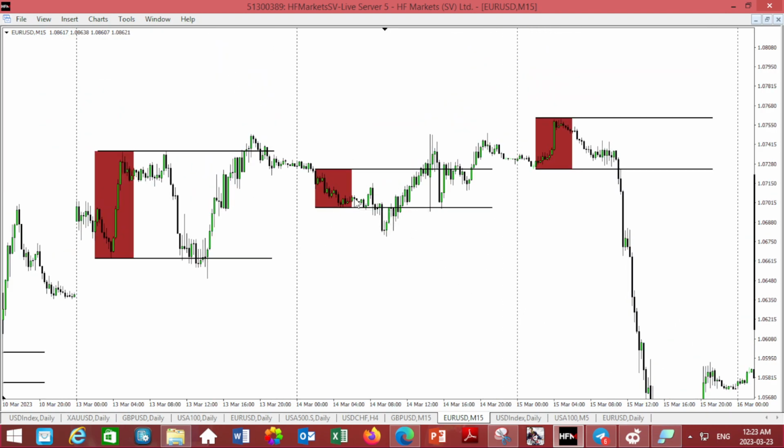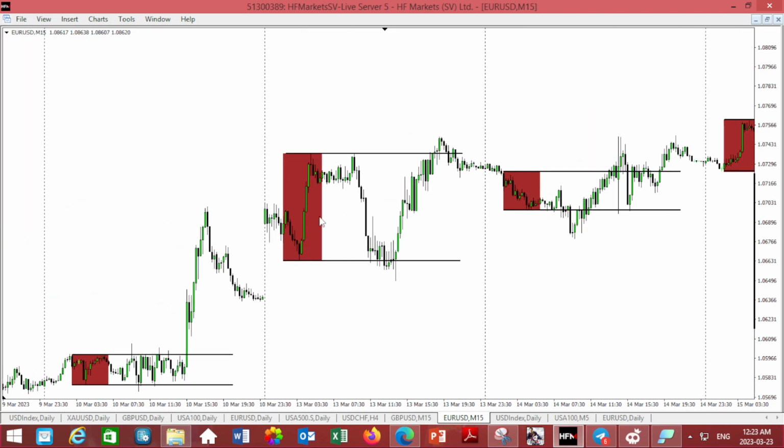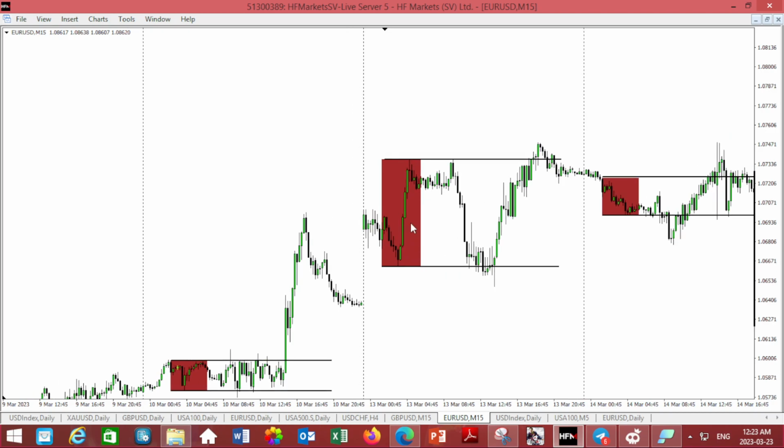And then this model again, where it takes the sell stops and buy stops and trades back inside, keeps happening. And now we have this Asian range here. What is happening that we are seeing here? Price engineers this low and then engineers this high, and then it goes all the way and engineers equal highs, and then boom, it runs all the way and takes out the sell side liquidity.